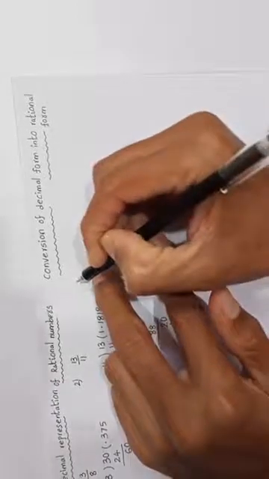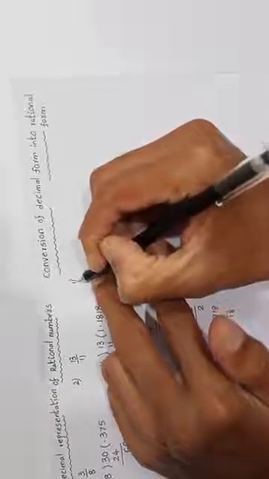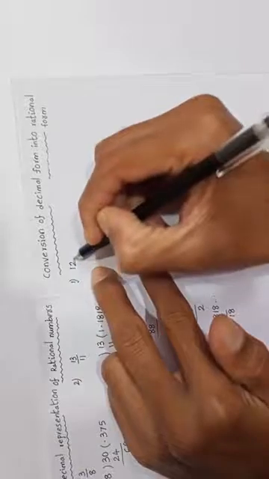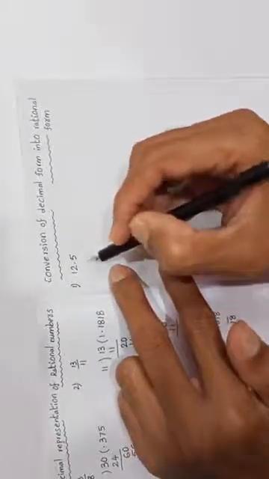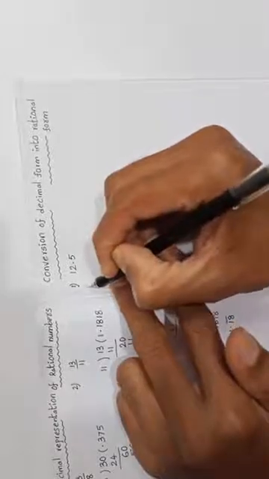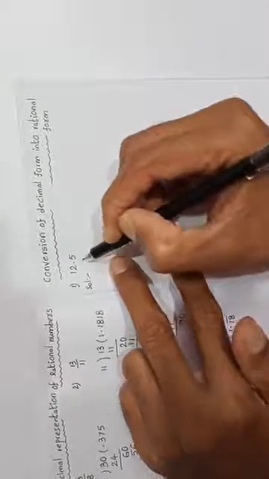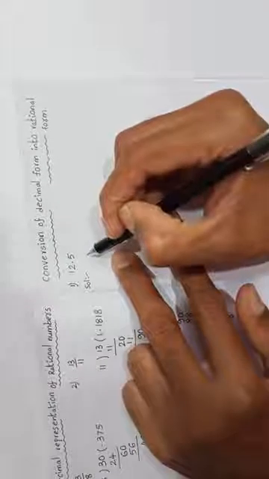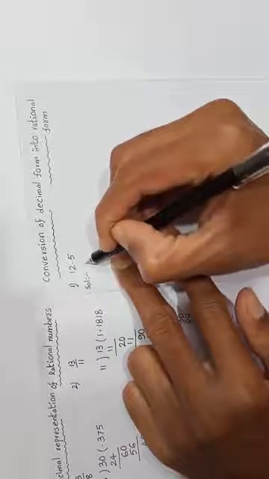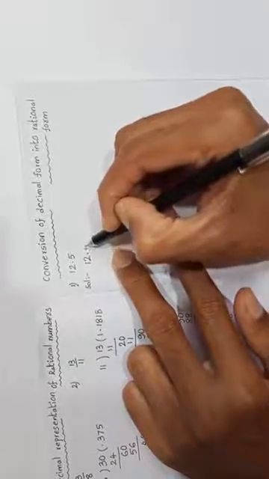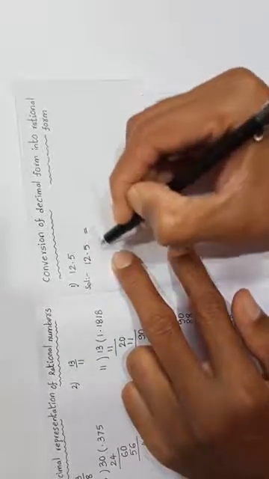Suppose I take the number 12.5. How can we convert it into rational form? Observe the solution. First write 12.5 equals, and first remove the decimal.